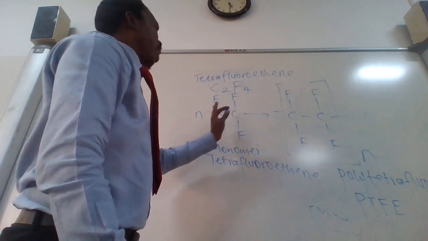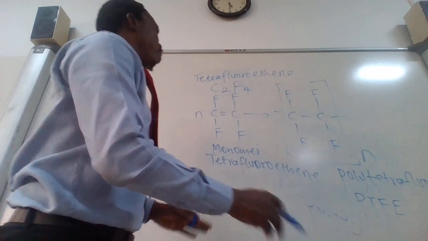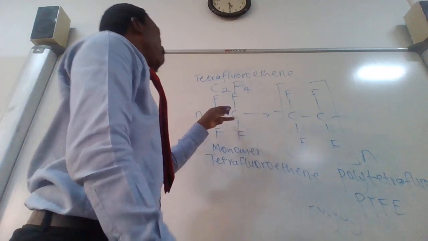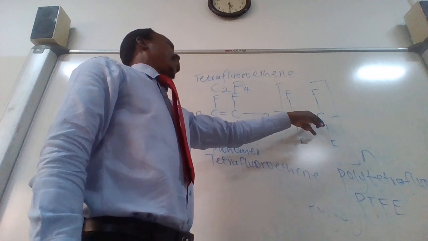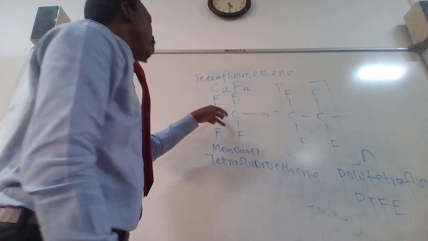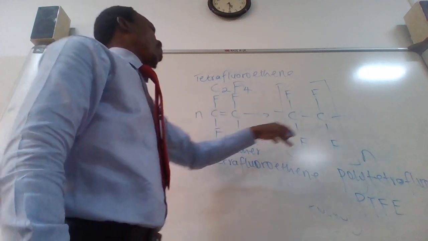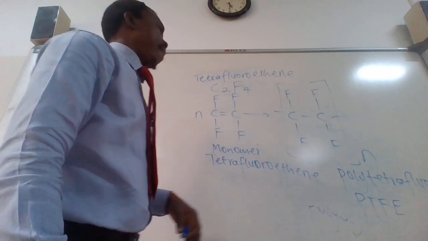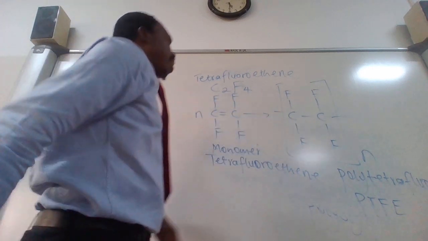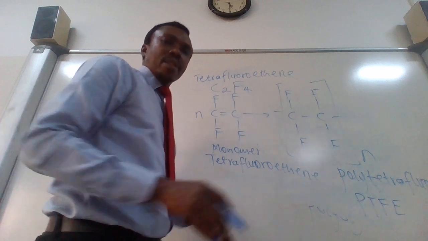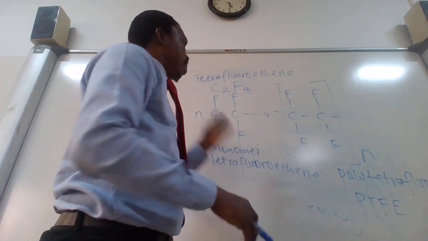Now, if you look at the monomer and the polymer, the monomer has a double bond, while the polymer has a single bond. So we can say the monomer is unsaturated, while the polymer is saturated. So this is polytetrafluoroethene, otherwise known as Teflon, which is used in non-stick pans.